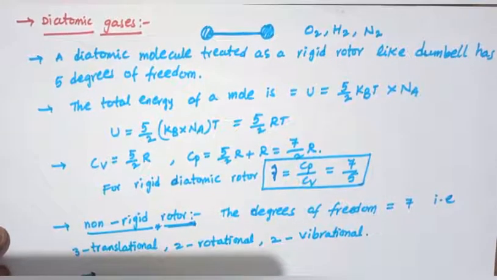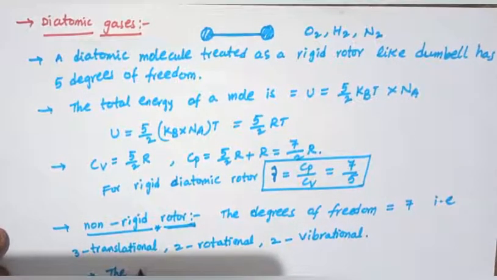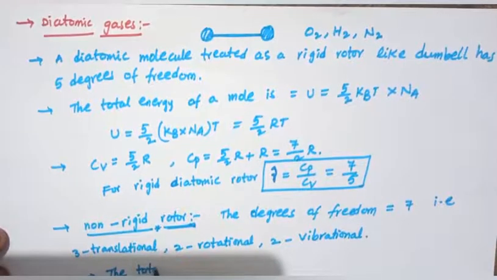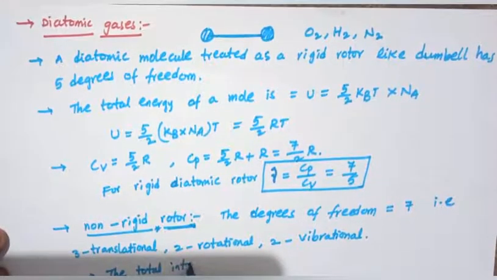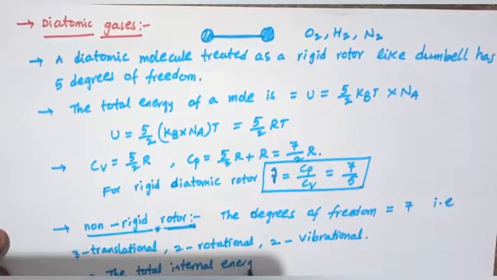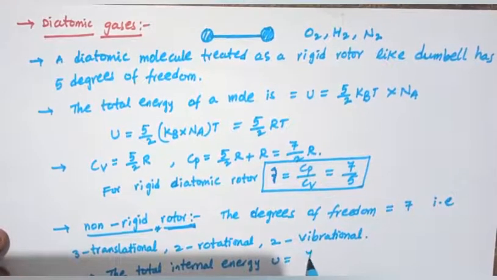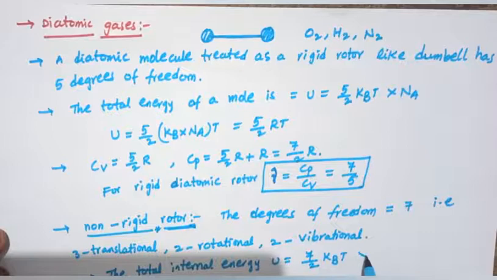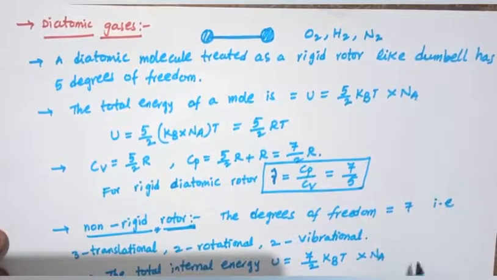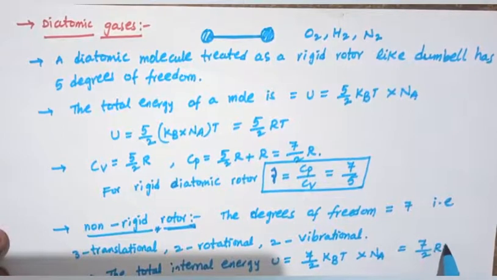Then the total internal energy U equals 7 by 2 kBT into Na, that equals 7 by 2 RT.